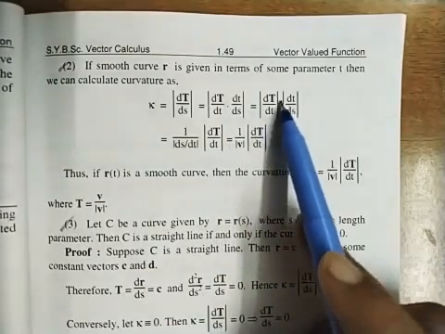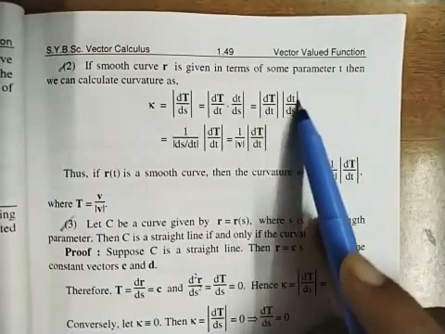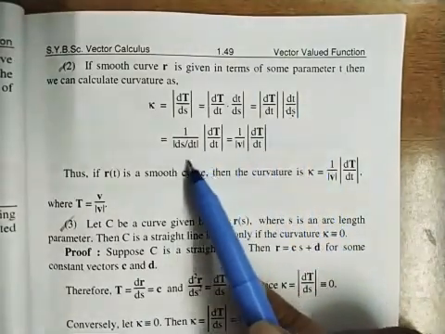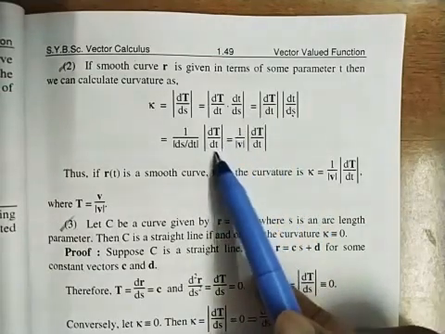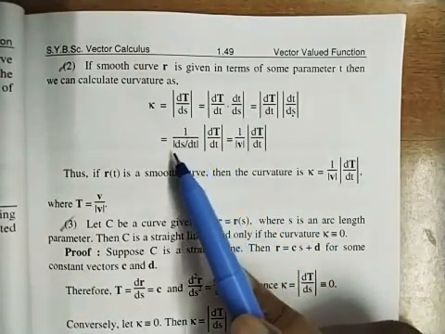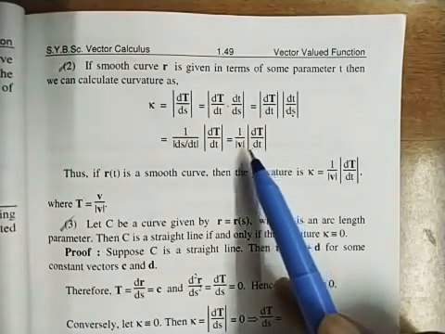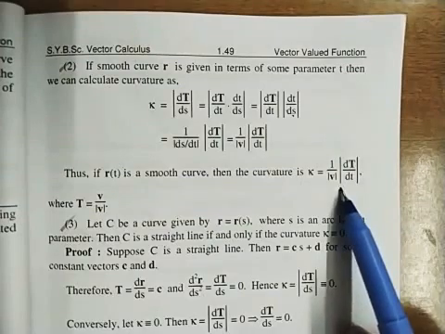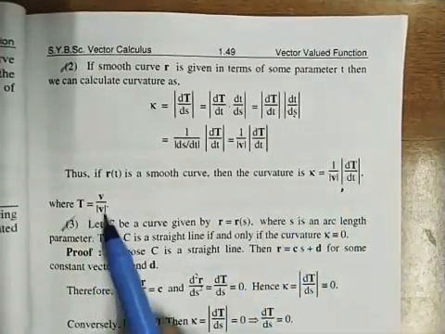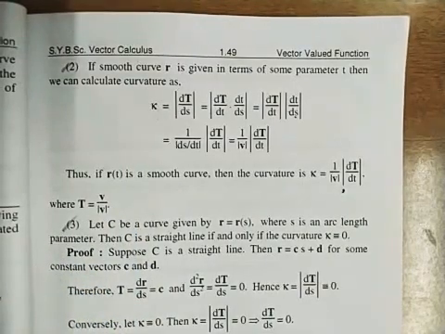We can separate it: this can be written as 1 upon ds by dt, and mod of dT by dt as it is. So ds by dt is nothing but mod of v. Curvature can also be expressed in this form, where T is the unit tangent vector and its value is v upon magnitude of v.